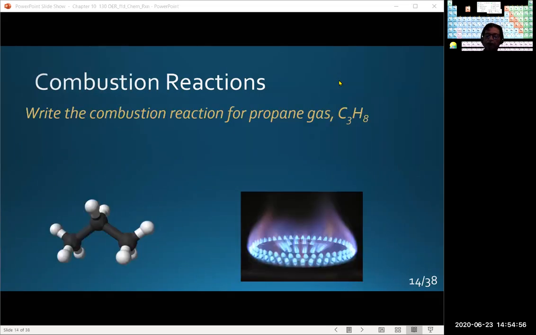Okay, combustion reaction. Here, that's C3H8. This is the formula for what we call propane, which is a hydrocarbon. It's made up of nothing more than carbon and hydrogen. So a combustion reaction requires oxygen, and the only products you get, at least for Chem 130, are carbon dioxide and water.